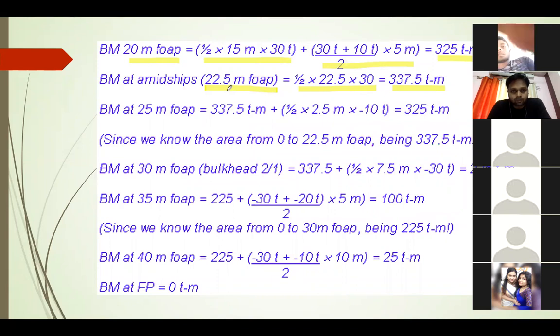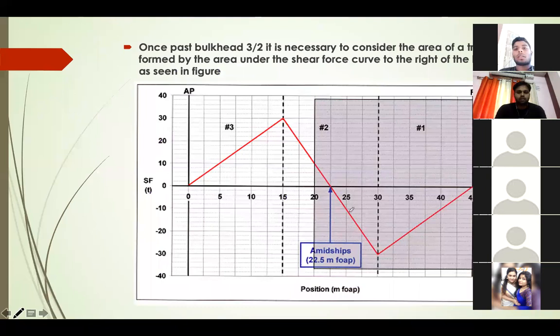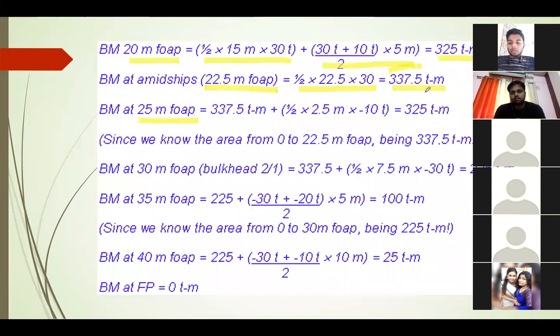Okay. And next we'll be calculating BM at 25 meters. When you calculate BM at 25 meters, we have already calculated till 22.5, and we got 337.5. So we can add that; the rest 2.5 only has to be calculated.